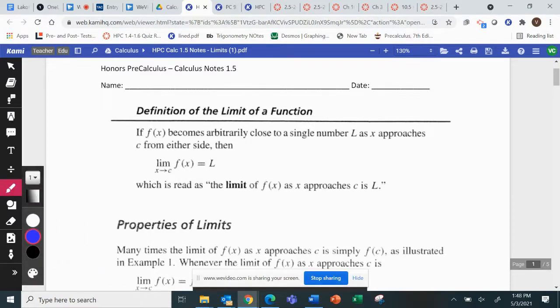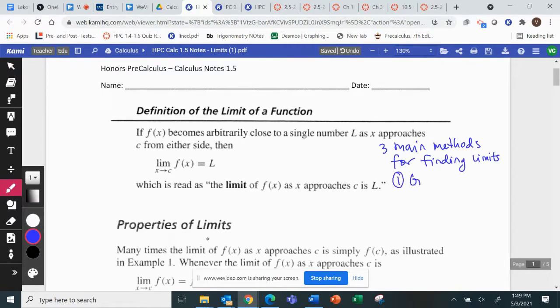So the 3 main methods for finding limits would be, number 1, we could graph it and look at it graphically, or if we have our graphing calculator, graphically. Number 2 would be numerically or with a table. And then number 3, we're going to do, it's called analytically.